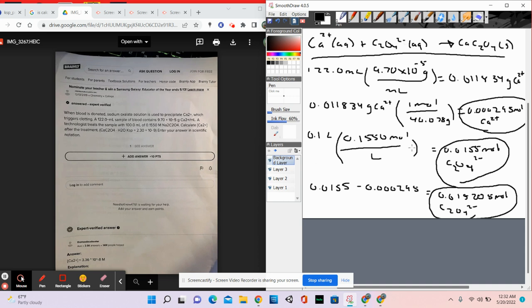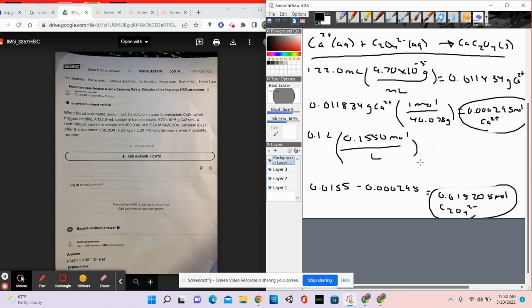And we know how much calcium oxalate is formed because all of the calcium has reacted to form that, and there was only 0.000295 moles of calcium, so therefore there are 0.000295 moles of calcium oxalate.